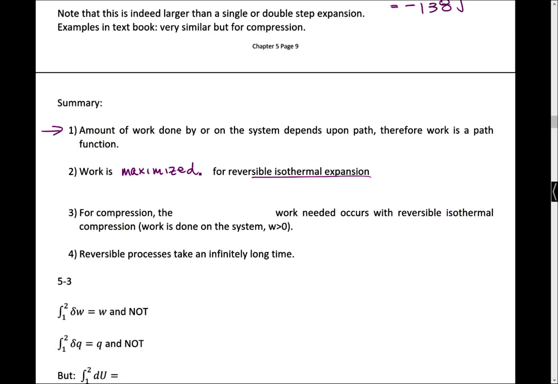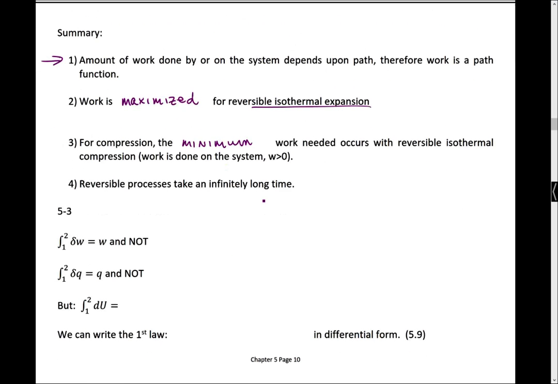If we're talking about a compression, the reversible process gives me the minimum work to drive the compression. And then the final portion of this is to recognize that because we're doing it reversibly, infinite number of steps, infinitesimal changes in pressure, that means it takes forever. Okay? So it really reflects a limit.